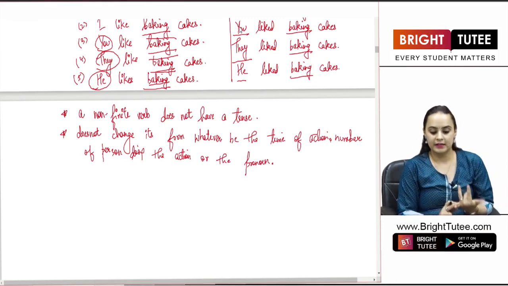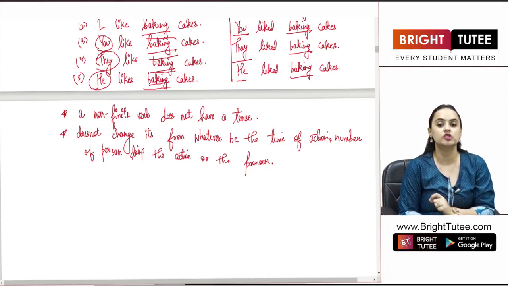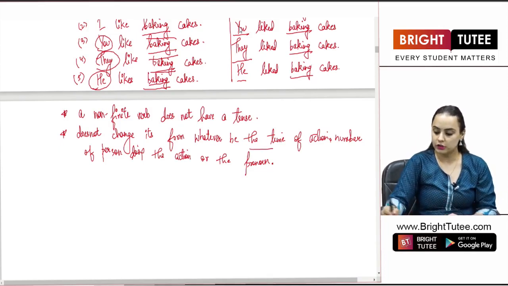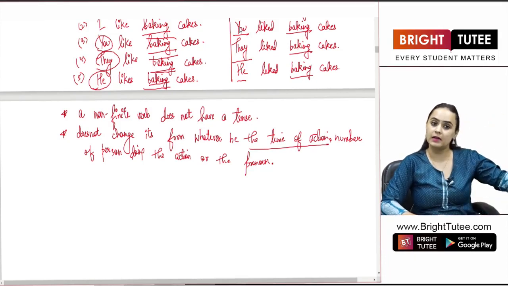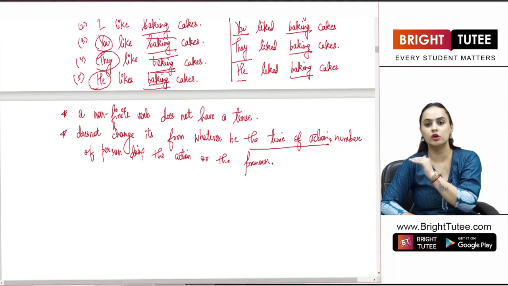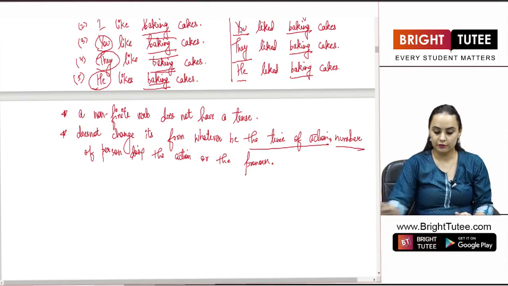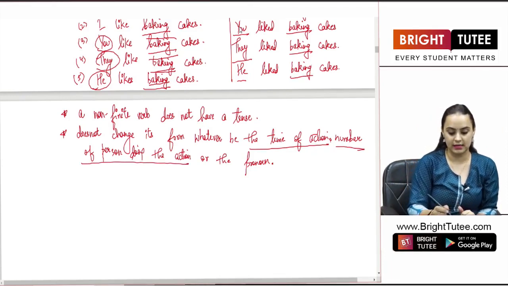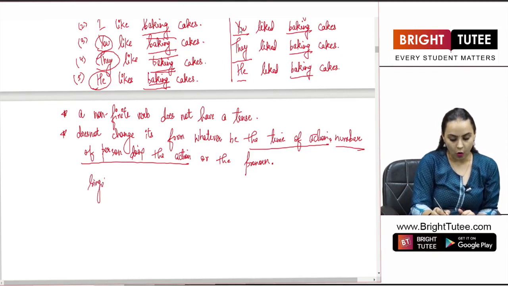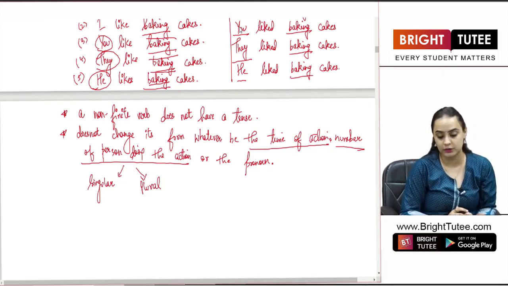A non-finite verb does not have a tense and it will never change its form according to the time of action, means whether the action was done in the past, in the present or in the future, the non-finite verb will remain the same. The number of the person doing the action means the subject, whether the subject is singular or the subject is plural, that also does not affect your non-finite verb.